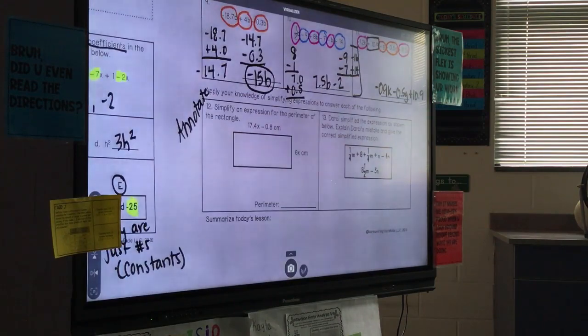We had a whole number, and it's 2 X's. There's a symbol. But there's no symbol.